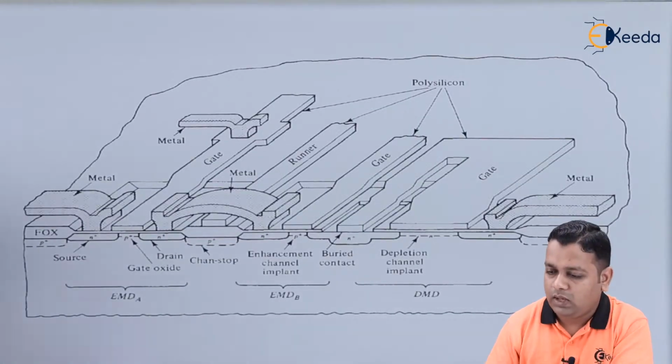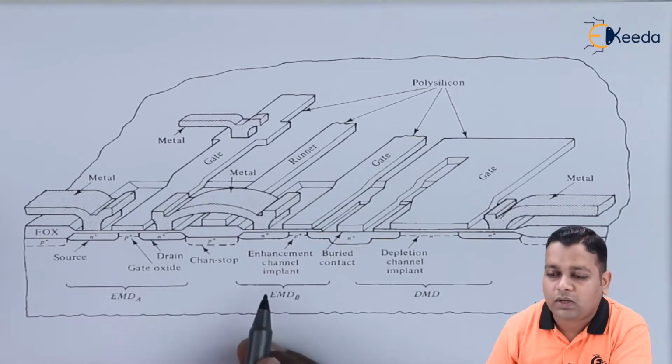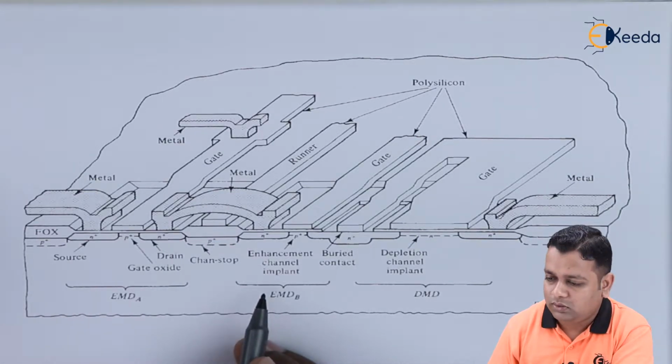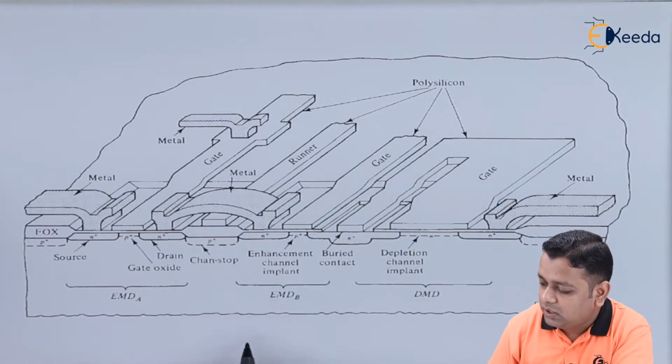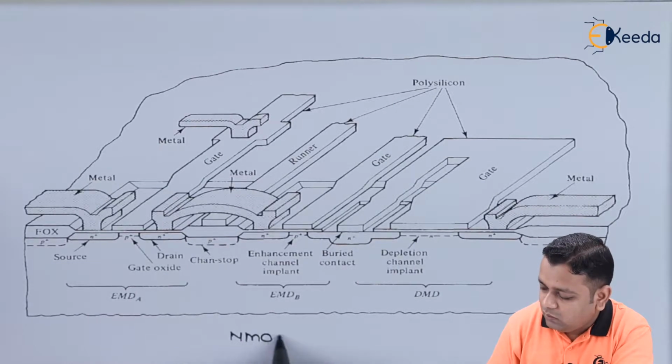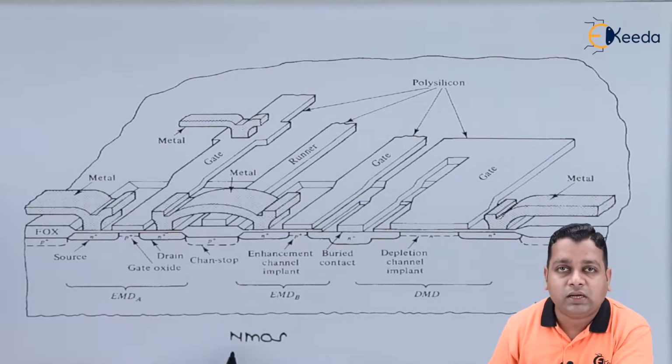So very first of all, we shall see in detail the schematic diagram with respect to the NMOS. Here we have the diagram. In this diagram we have a three-dimensional look at the NMOS, which stands for the N-channel metal oxide semiconductor field effect transistor.